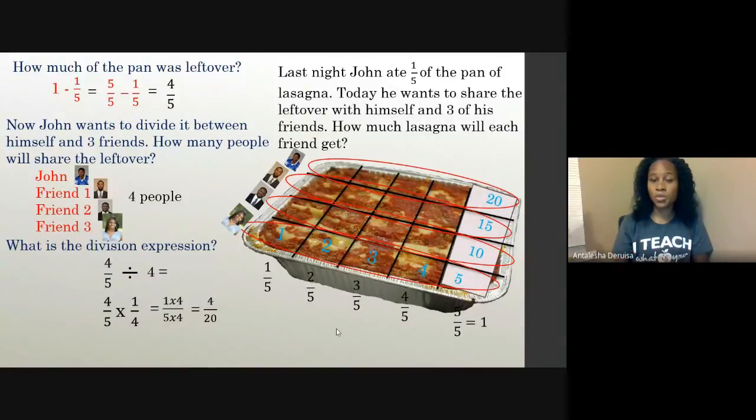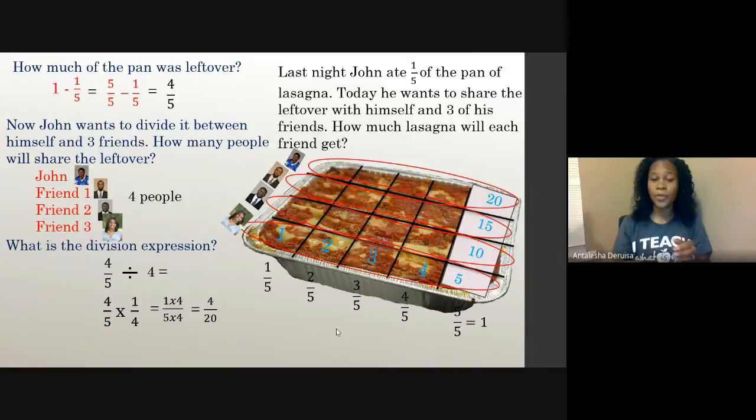The divisor is what you're making groups of. Since your divisor is a whole number, you can't take a whole group of 2 from the half that you started with. So you're going to get a fraction of a whole, if that makes sense. In this case, we started off with 4/5 of the pan of lasagna. If we're dividing evenly between 4 people, 4 is the divisor.